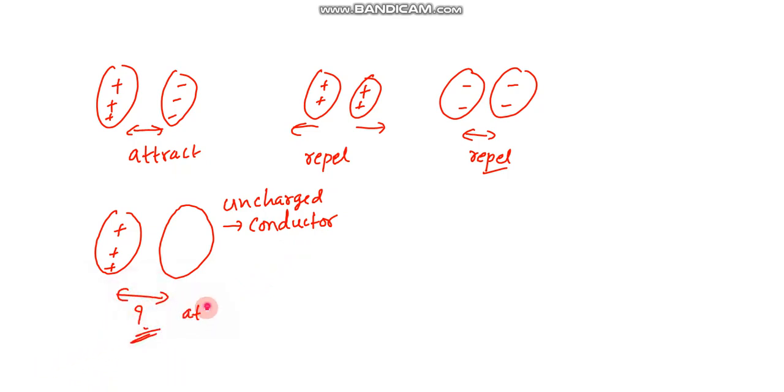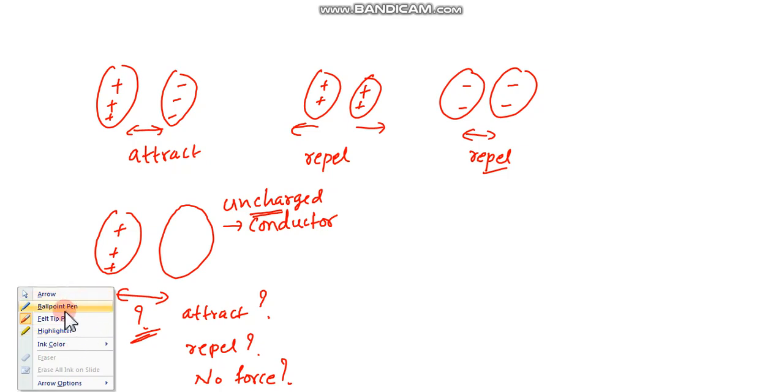Whether they attract, or whether they repel, or no force. What do you think? An uncharged body is brought near to a charged body, then what is the nature of force between these two bodies?